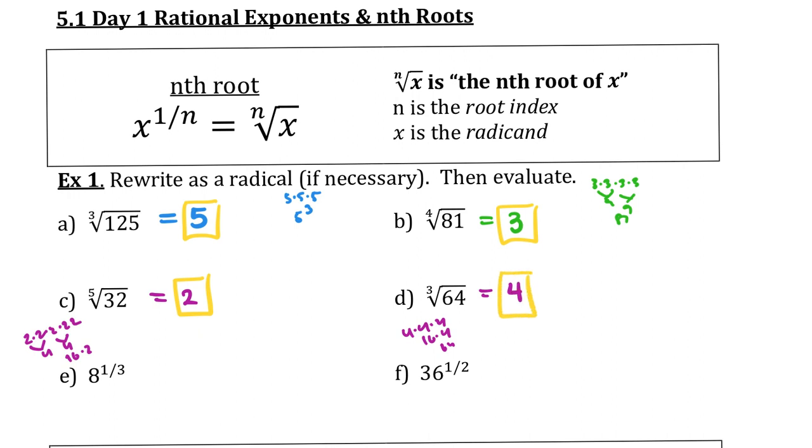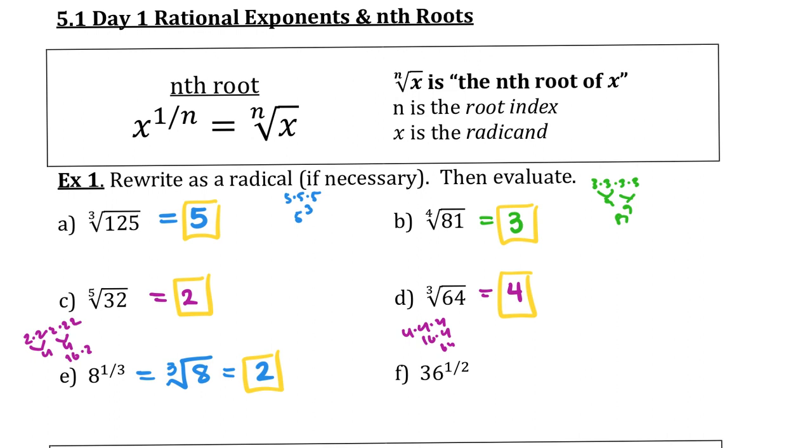Now if it's written as a fractional exponent, 8 to the 1/3, I'm going to rewrite it this way. So 8 to the 1/3 is the same as the third root of 8. Now what's the third root of 8? It is 2 because 2 times 2 is 4 and then 4 times 2 goes back to 8.